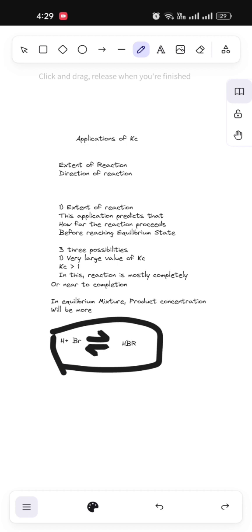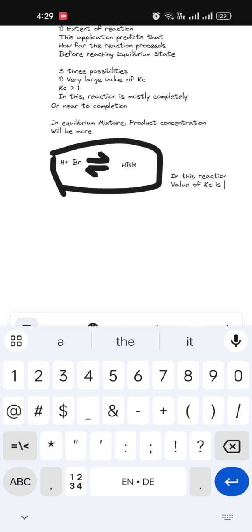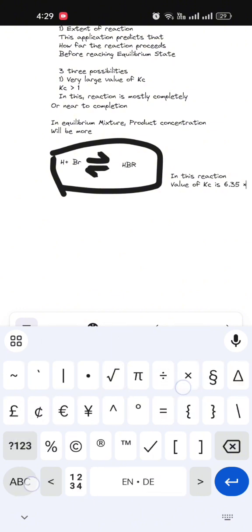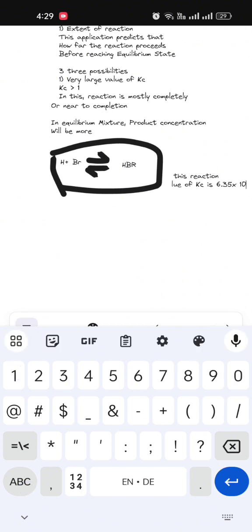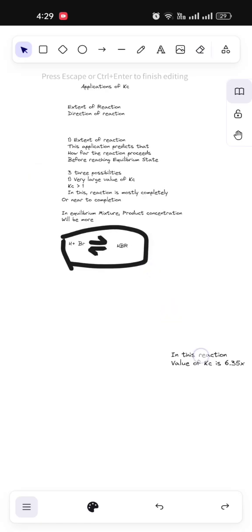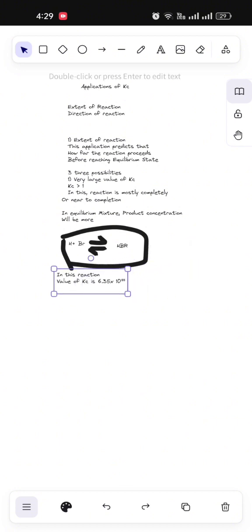In this reaction the value of Kc is 6.35 into 10 raised to the power 55.